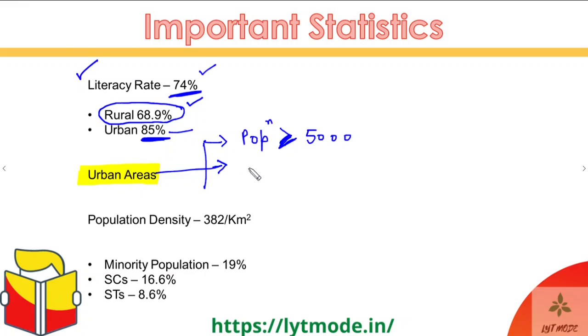And then the second criteria is the population density. Now, what is population density? Population density is basically the number of people divided by the area in square kilometers. So the population density should be greater than or equal to 400, which means that at least 400 people should be living in every square kilometer on average in that area.